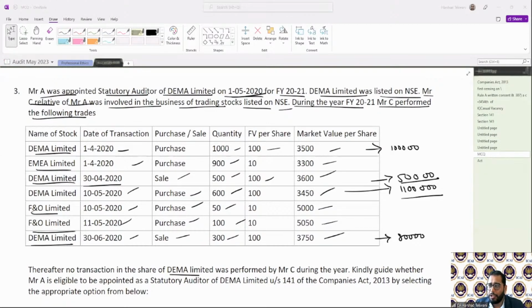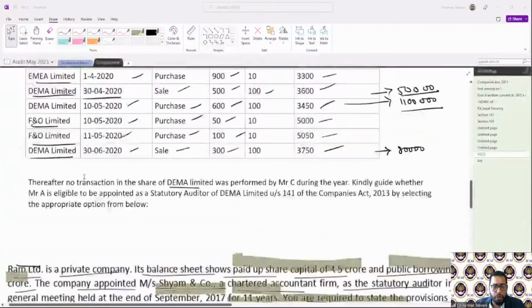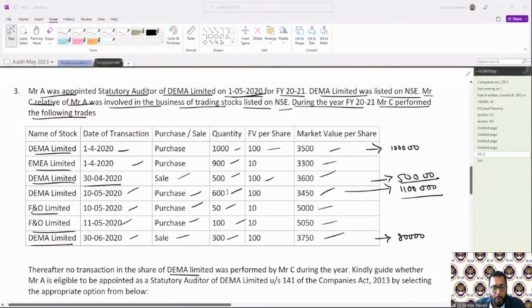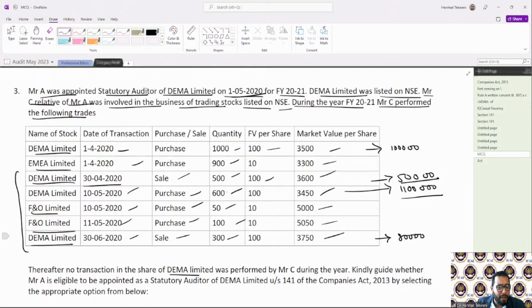But there is a special provision in the rule which says that in the event of acquiring any security or interest by a relative above the threshold, 60 days will be given to that particular relative to take the corrective action to maintain the limit as specified above. So a 60-day time limit will be provided to take corrective action. And if you see over here, this particular transaction has been completed within 60 days.